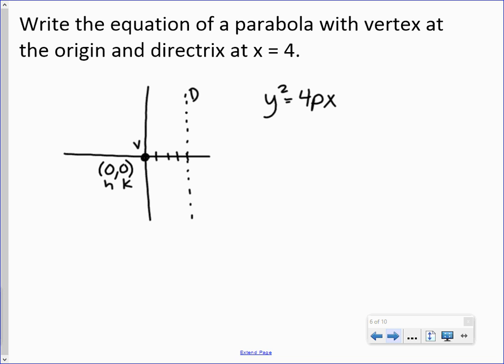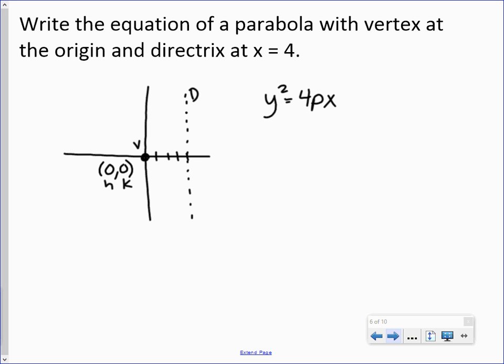Why did you give me that equation? Because since the directrix is x equals 4, it's going to be the y squared equation. Okay, if you have a vertical line for your directrix, it's going to be a y squared equation. Did anybody else reason that it was y squared for a different reason?